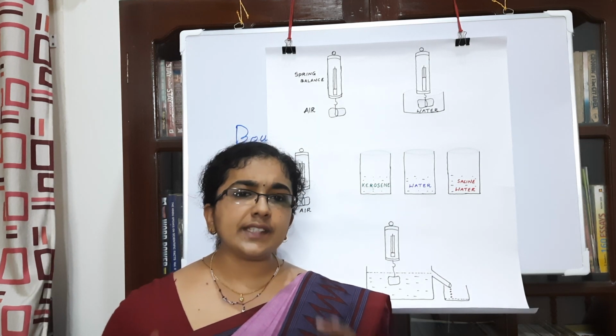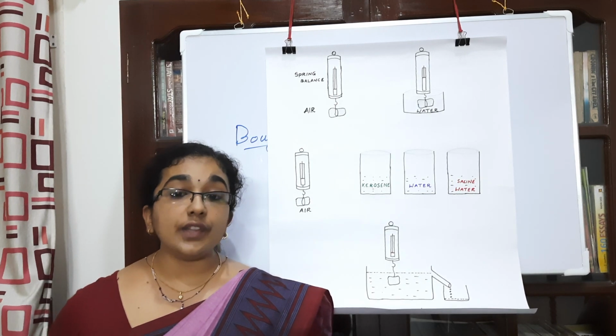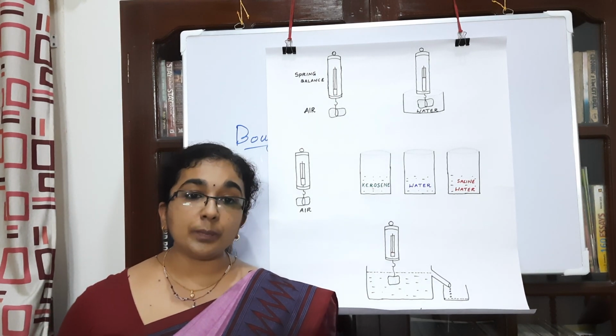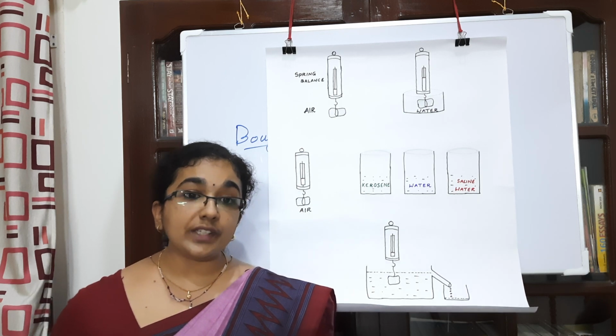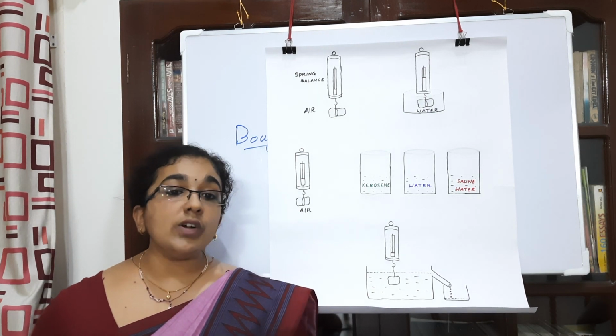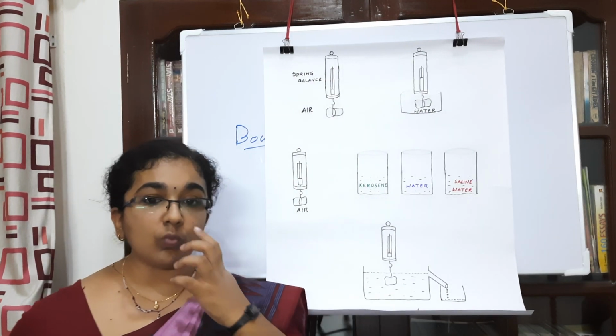This can be explained through an experiment in which the buoyancy of a piece of stone in water is determined, and simultaneously the volume of water is found using an overflowing jar.